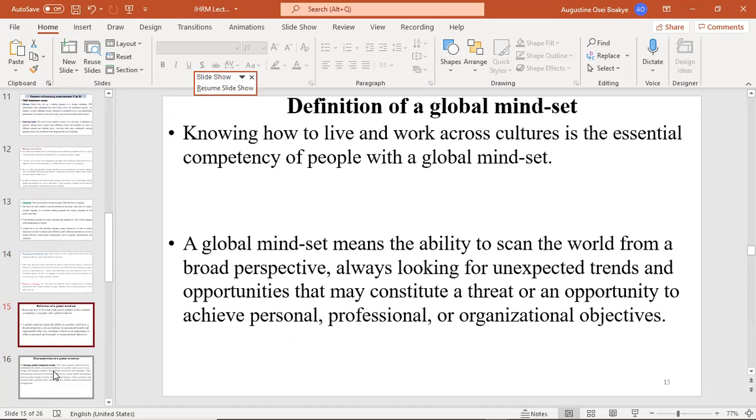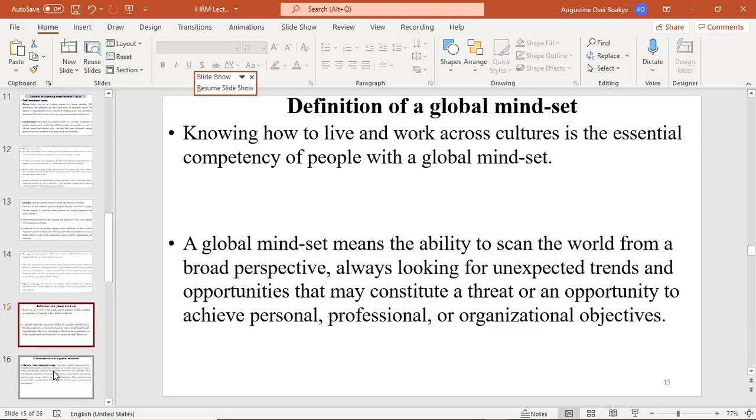Now, let's quickly look at the concept of global mindsets. As I mentioned earlier on, multinational enterprises aspire to have global leadership spearheading their proceedings.